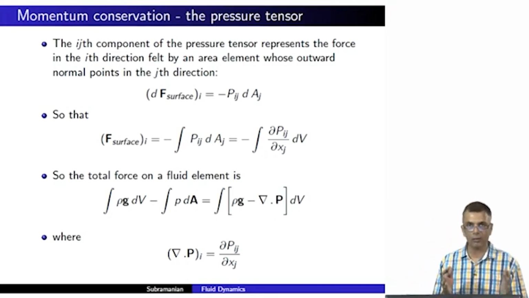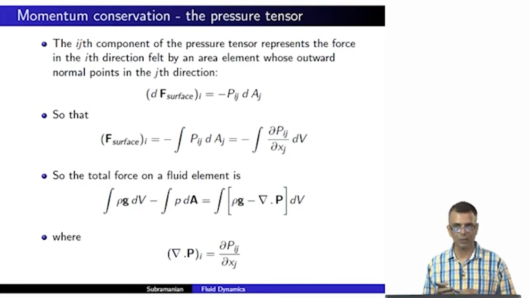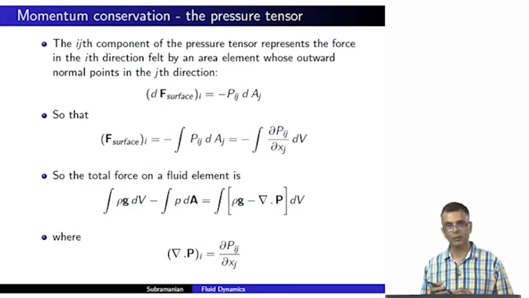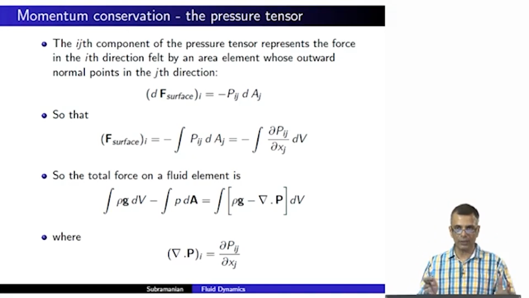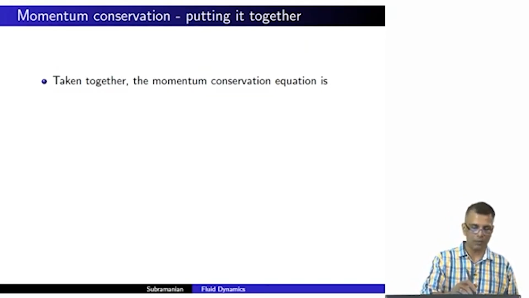I mean, this is the most general way of writing down the momentum conservation equation, and don't despair if this seems a little too involved for you. I just wanted to write down the most general way and then reduce it to slightly more familiar forms, such as the Euler equation. We will get to that in a minute. So, taken together, so this was F, and we've already written down Ma.